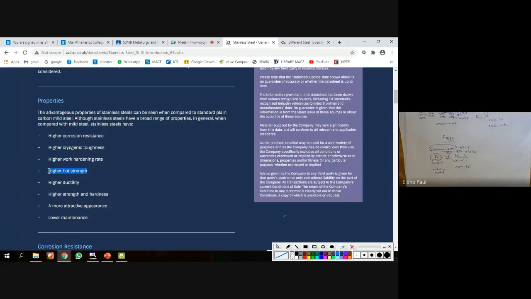For example, if you want to make a furnace wall where the temperature is very high, or some components in an engine where temperature is very high, the stainless steel shows very high strength at that temperature. Higher ductility: strength as well as ductility is high in stainless steel by addition of alloy elements. High hardness, and more attractive appearance.